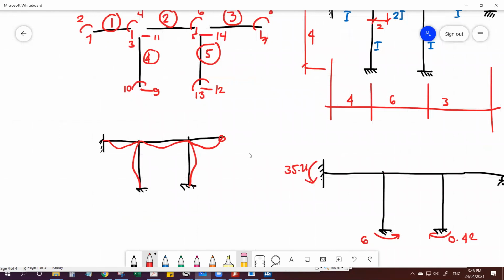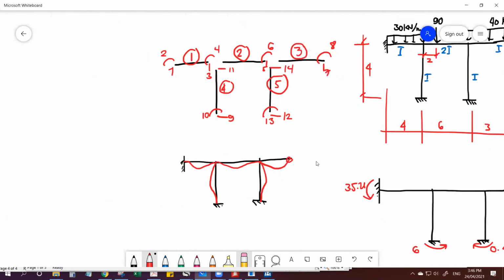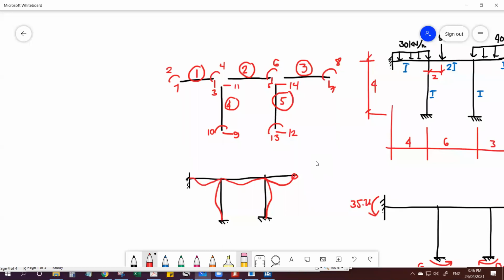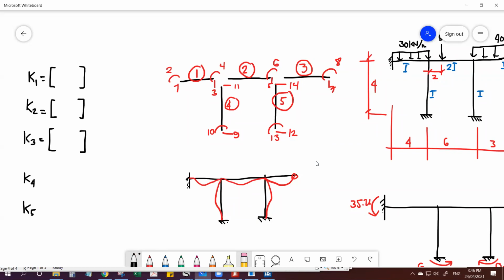Now let's write down each element stiffness matrix. So we have K1, K2, K3, K4, K5. K1 is 1, 2, 3, 4.